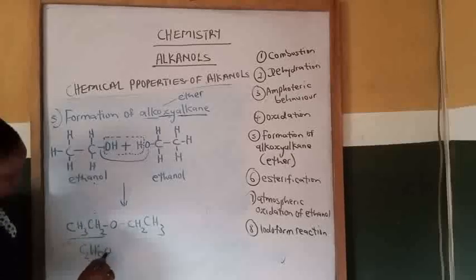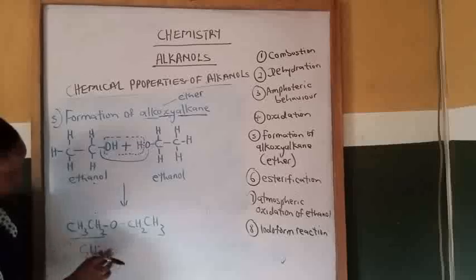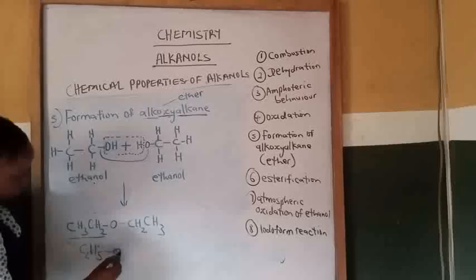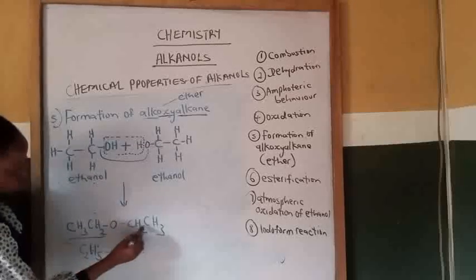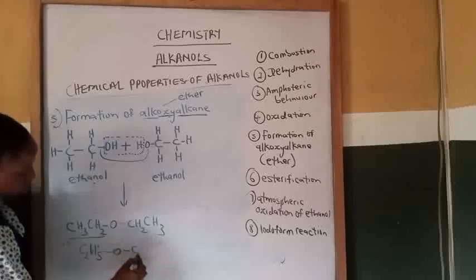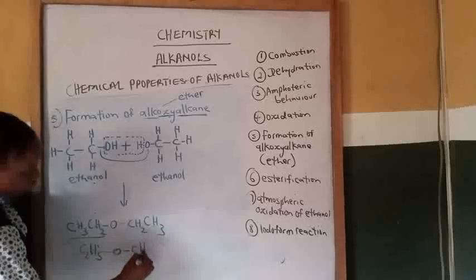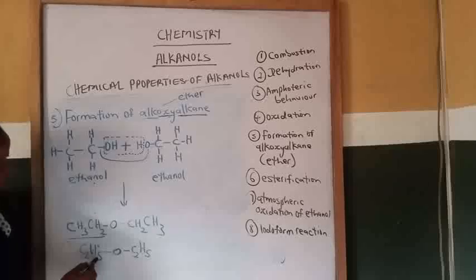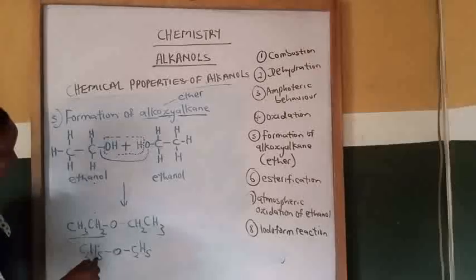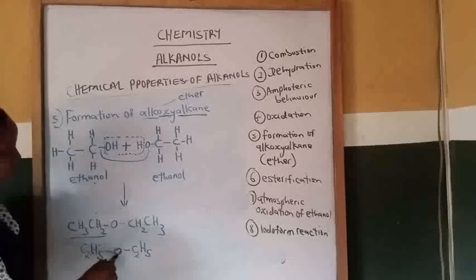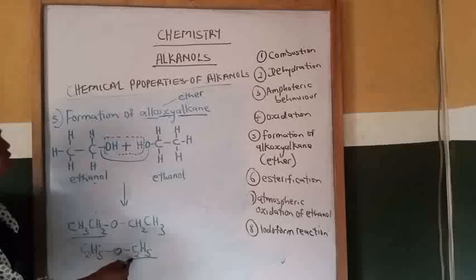Then O, oxygen, then 2 carbon atoms plus 5 hydrogen atoms. So C2H5 is ethyl. So you call it ethoxy.